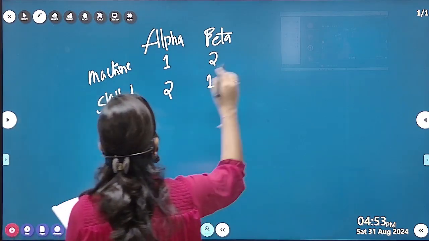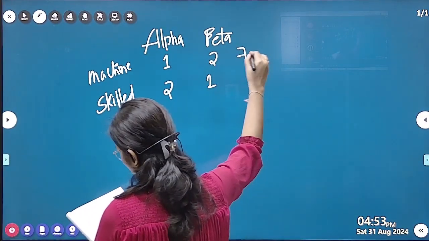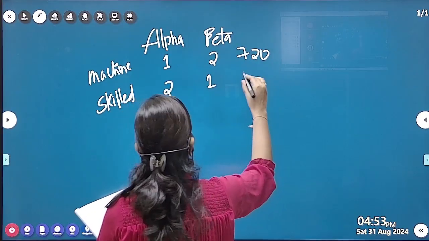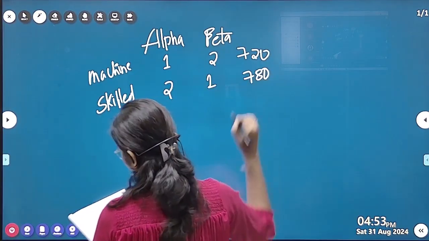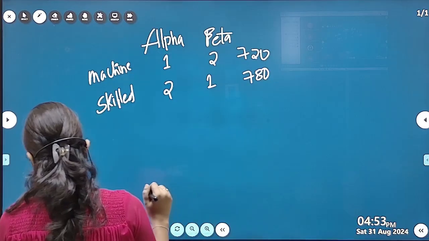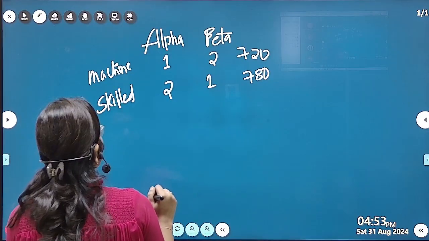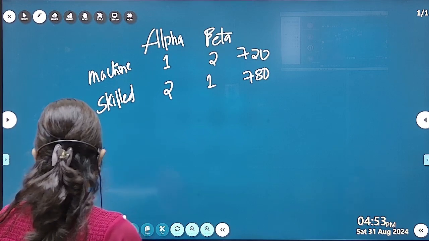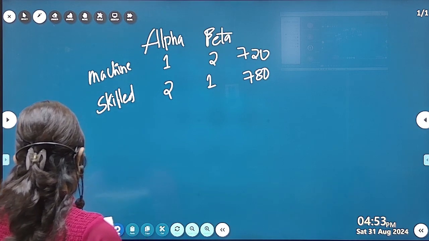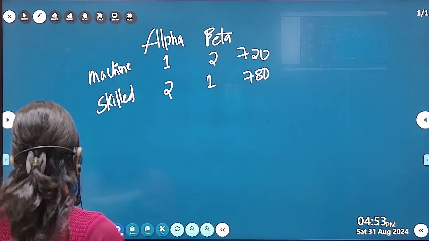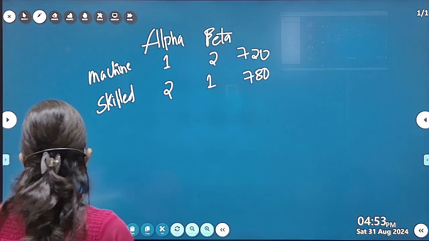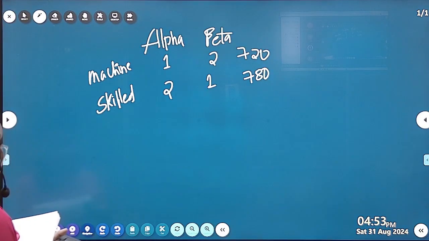where the total machine hours are 720 and the skilled labor is 780. And the question is also selling: it cannot sell more than 320 units of alpha in the market during the month.